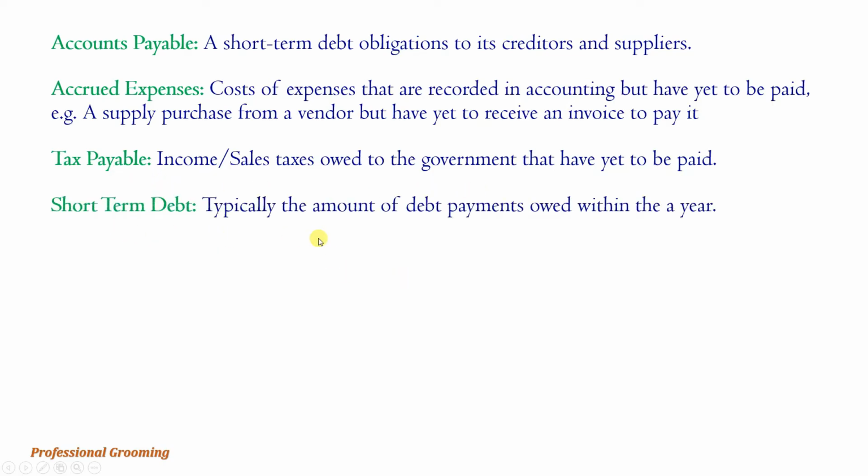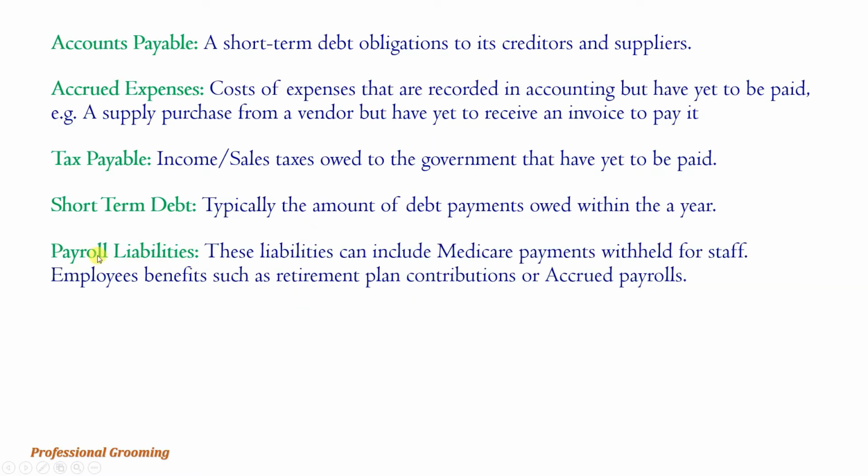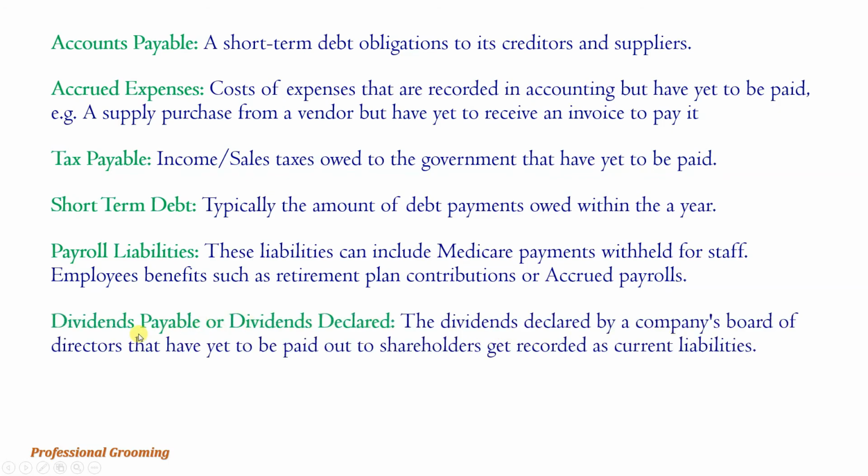Short-term debt, typically the amount of debt payments owed within the year. Those are also recorded under current liabilities. Payroll liabilities, these can include Medicare payments withheld for staff, employees' benefits such as retirement plan contributions or accrued payrolls. Dividend payable or dividends declared.